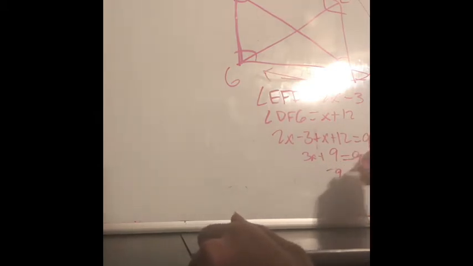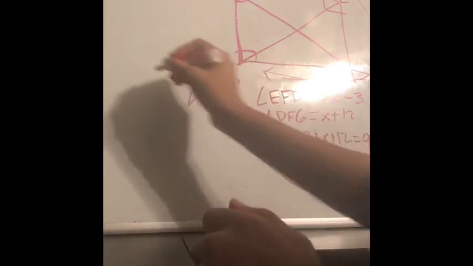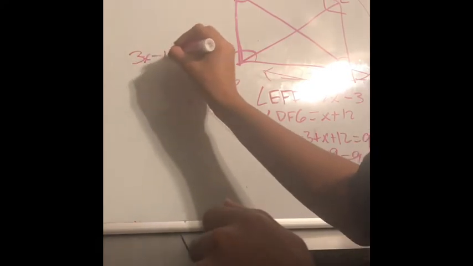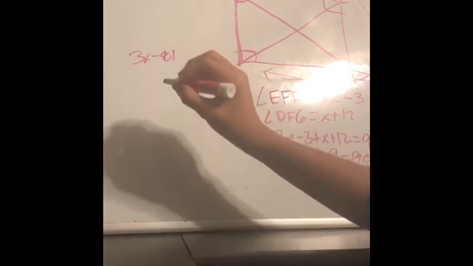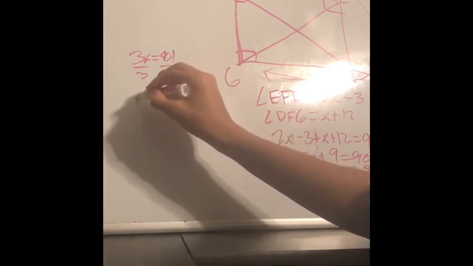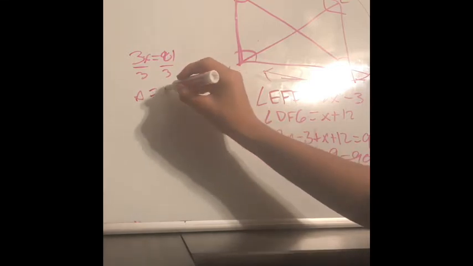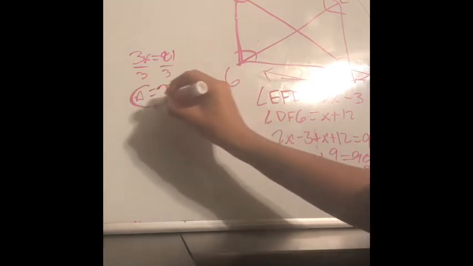We subtract, we get 81. I'm going to move this over here. 81. Divide. X equals 27. I think that's right.